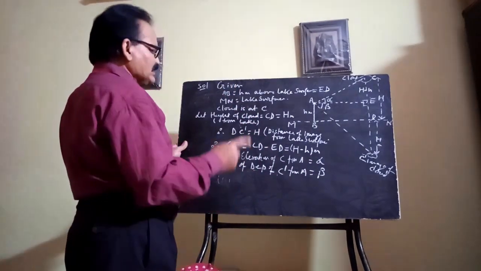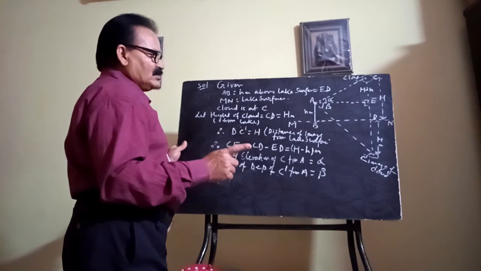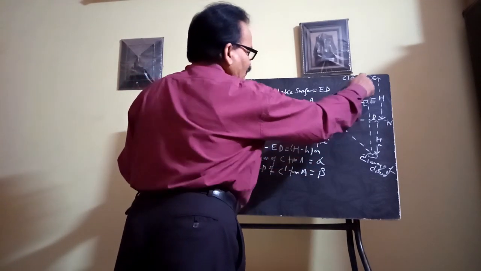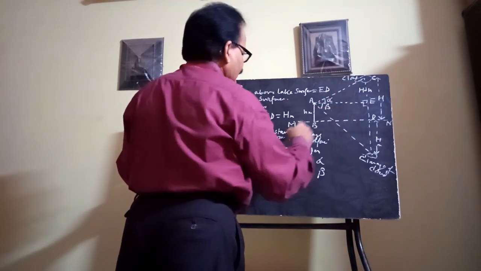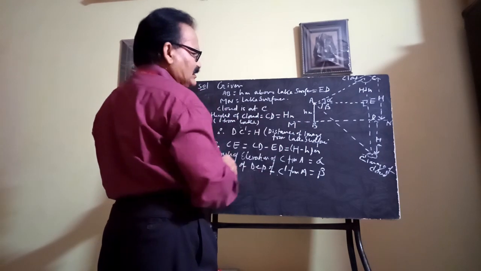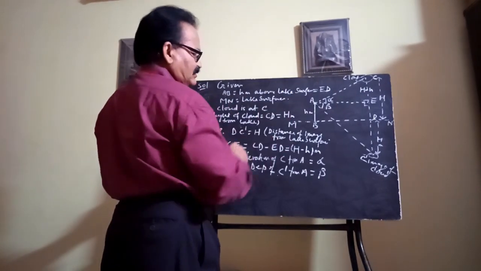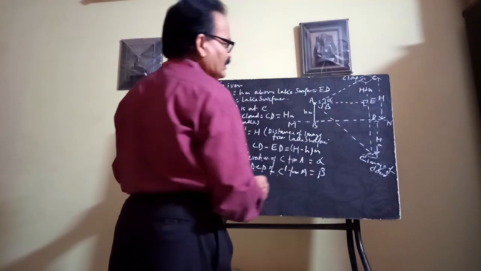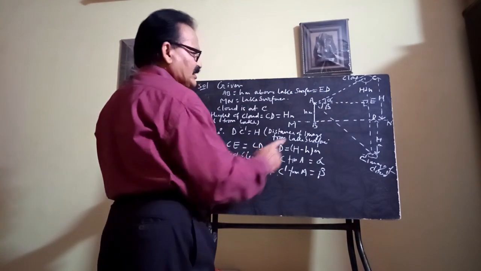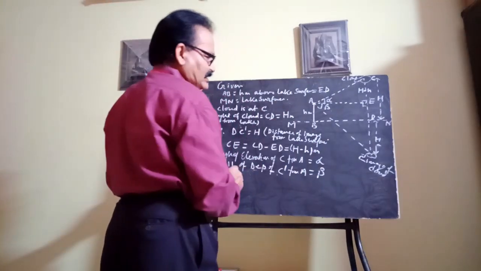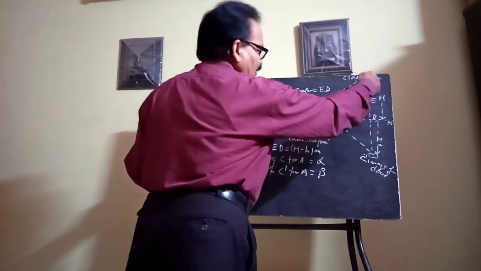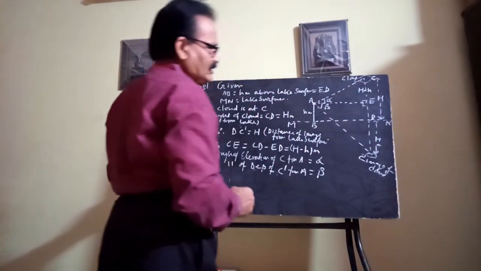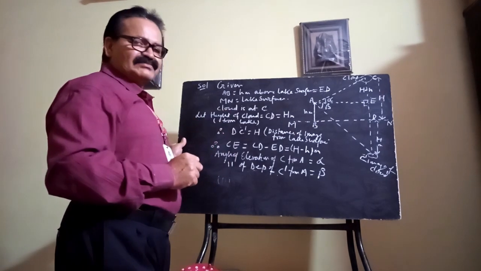Now, since you have to prove the distance of the cloud from the observer, here the eye of the observer is at A. So AC is what you have to find. First question is the length of AC, and second question is the value of capital H. There are two questions in the same question.